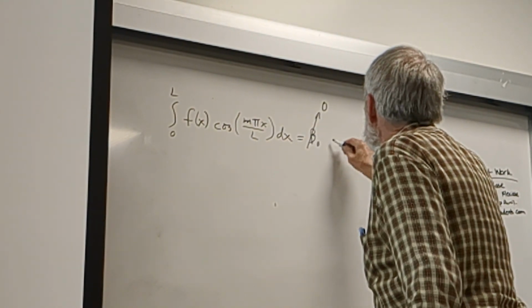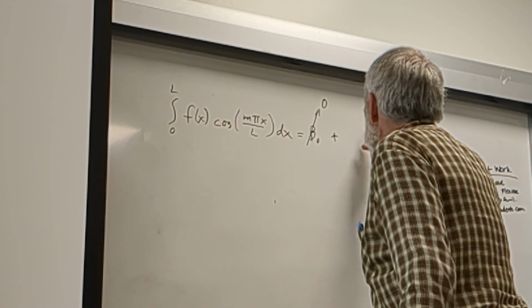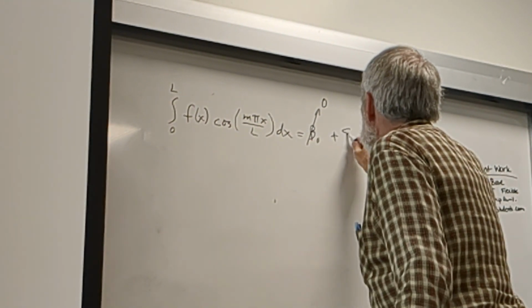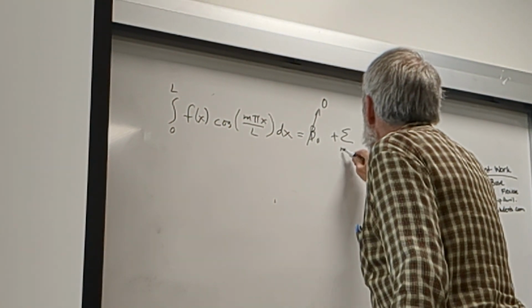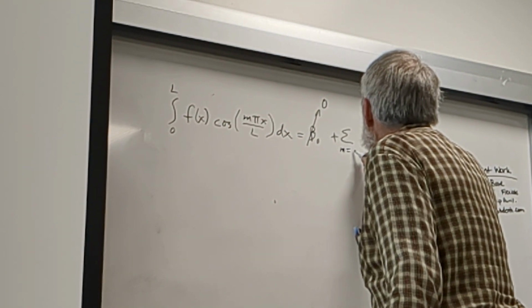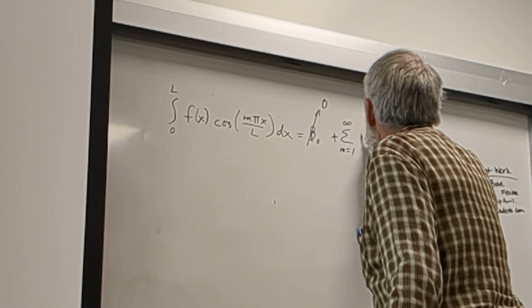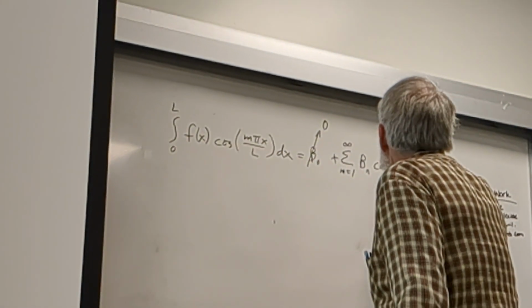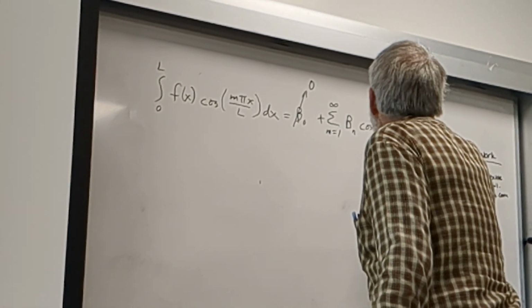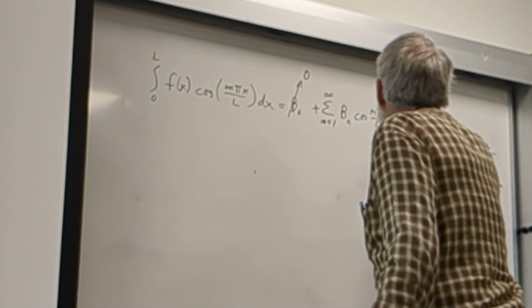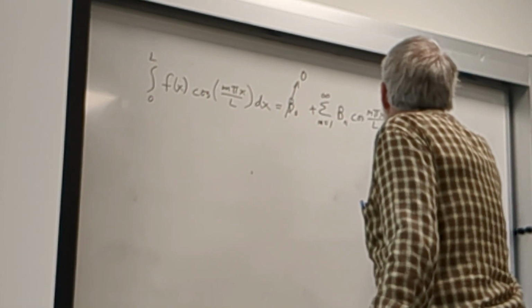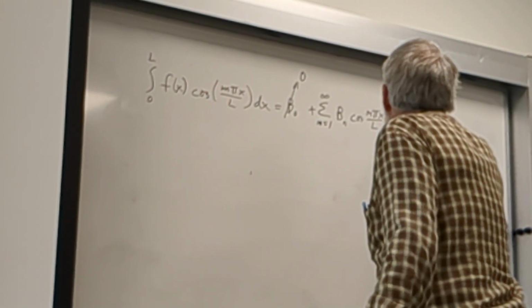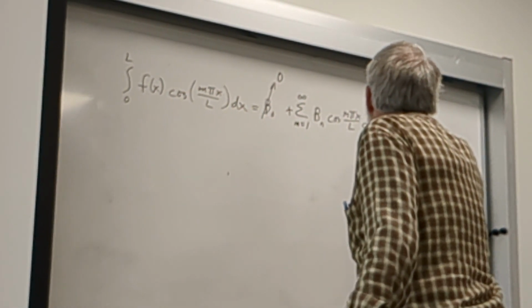And then plus, let's do the changes: the sum n equals 1 to infinity of b sub n cosine m pi x over L cosine n pi x over L dx.